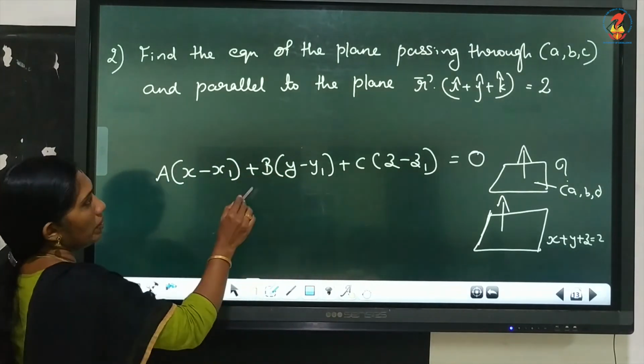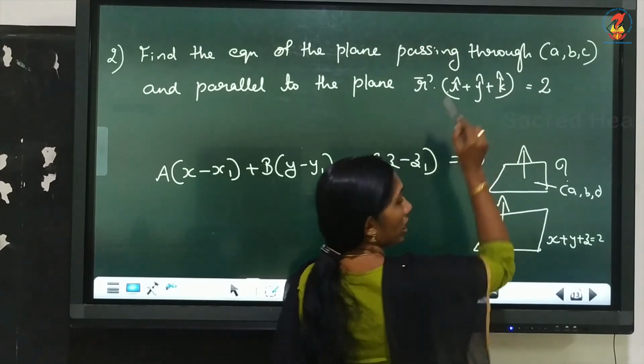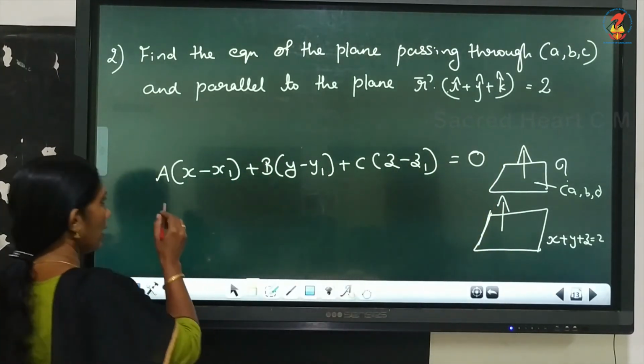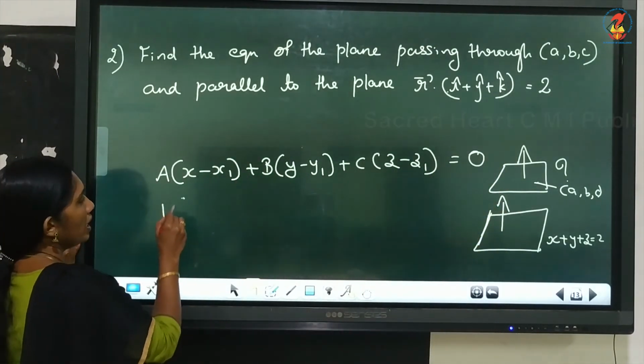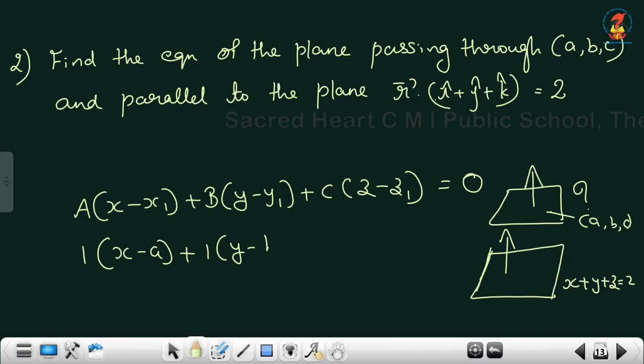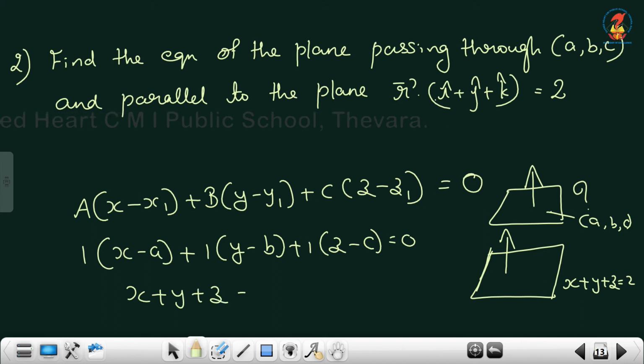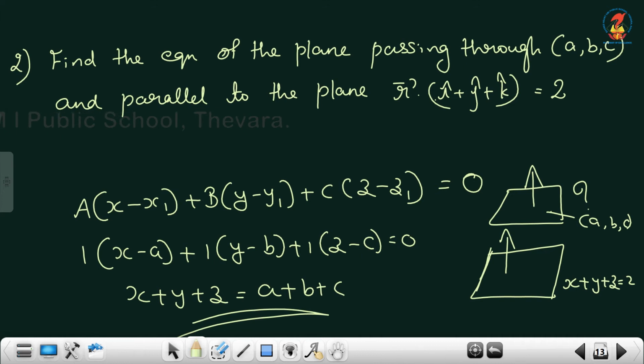So for A, B, C, we can take 1i cap, 1j cap, 1k cap. Or we take the numbers only. So 1 into x minus a, 1 into y minus b, plus 1 into z minus c equal to 0. Or open the bracket, x plus y plus z is equal to a plus b plus c.